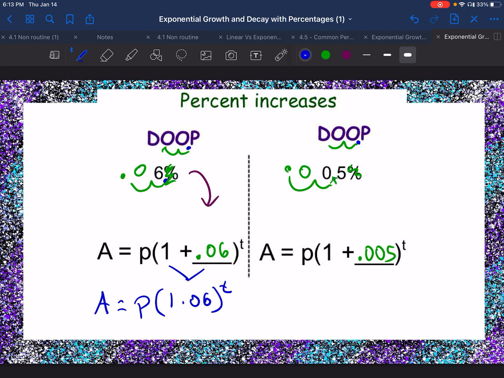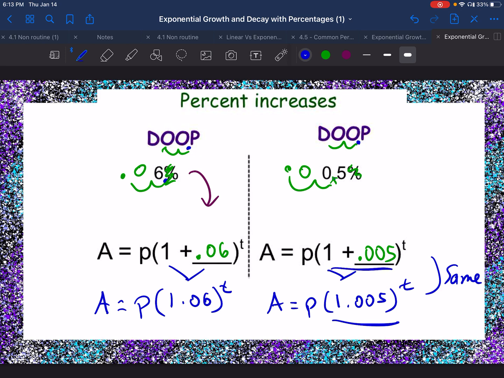If I was to simplify this next one, what would that look like? I copy everything down. I add 1 plus 0.005, and I get 1.005. These are the same thing. One just has the addition already done, and one is before the addition is done.